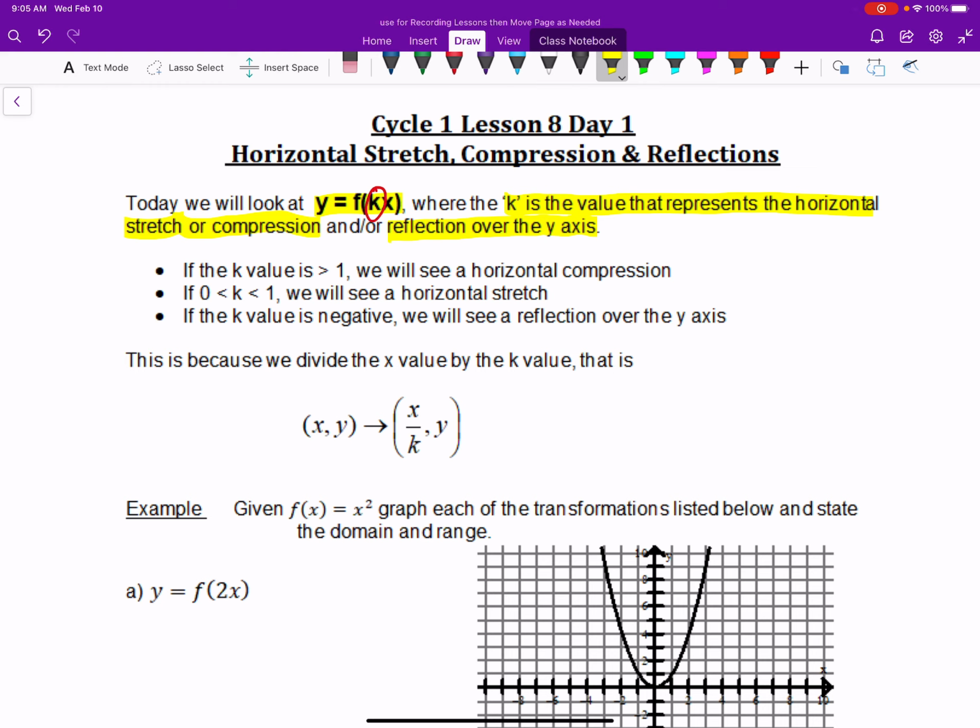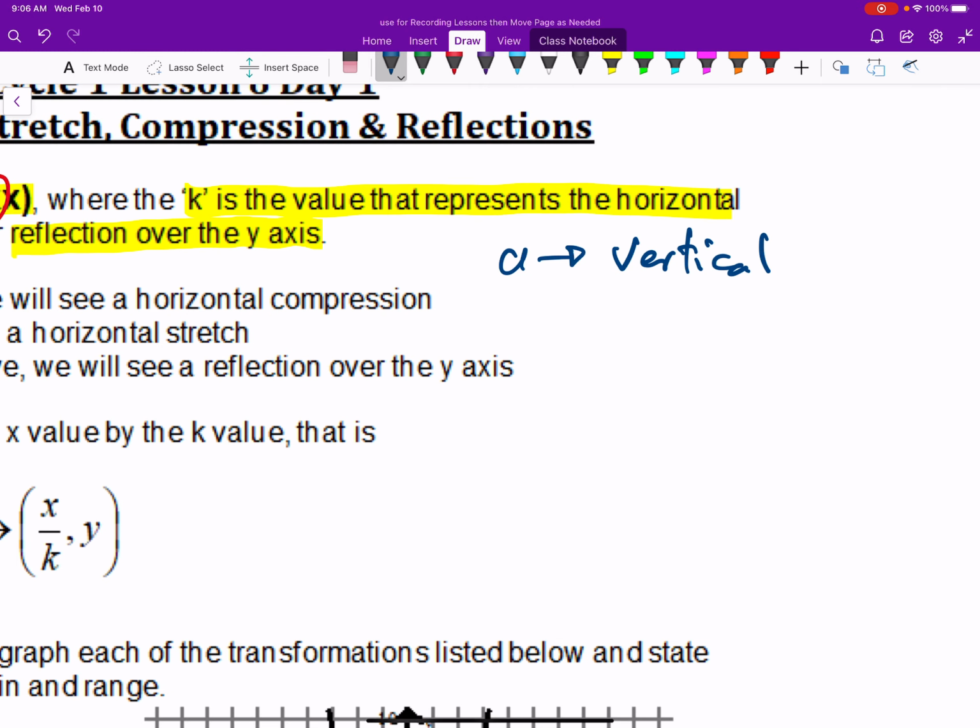Compare it to the a value, the vertical stretch and reflection. Remember, a gives us two things. It gives us the vertical stretch, and it also gives us the reflection up or down. So I'll call it a vertical reflection.